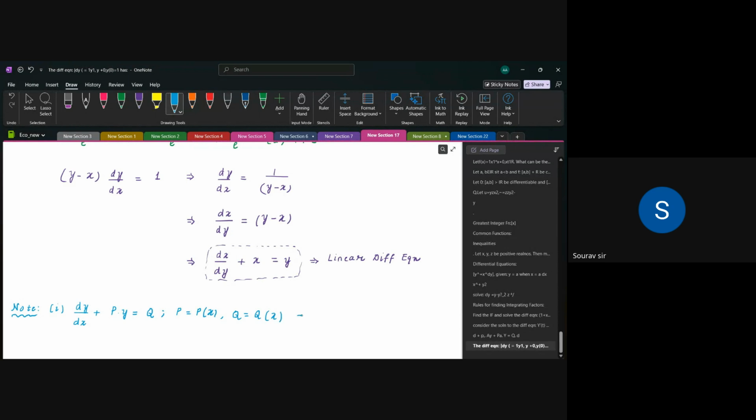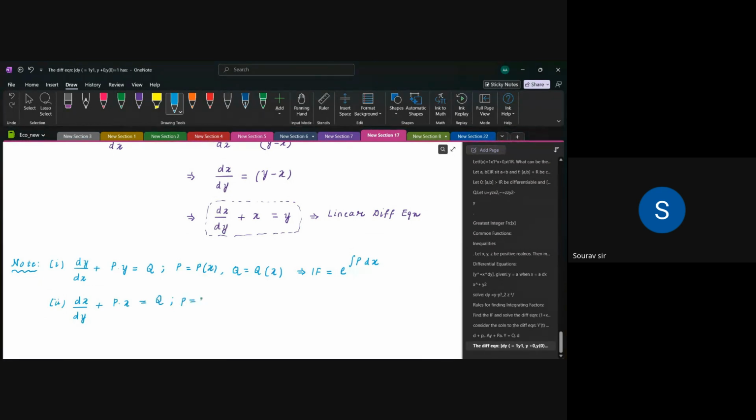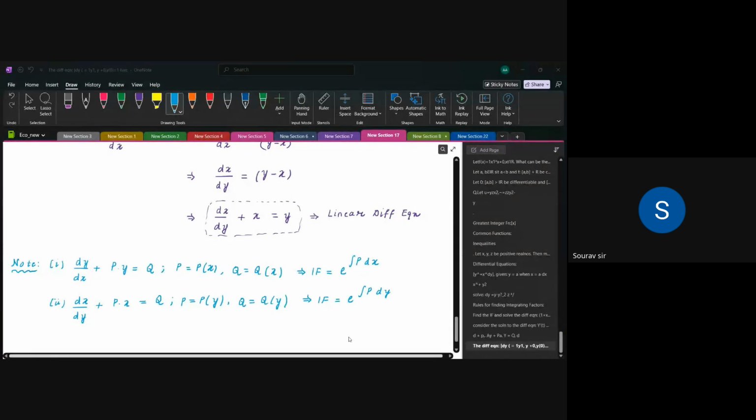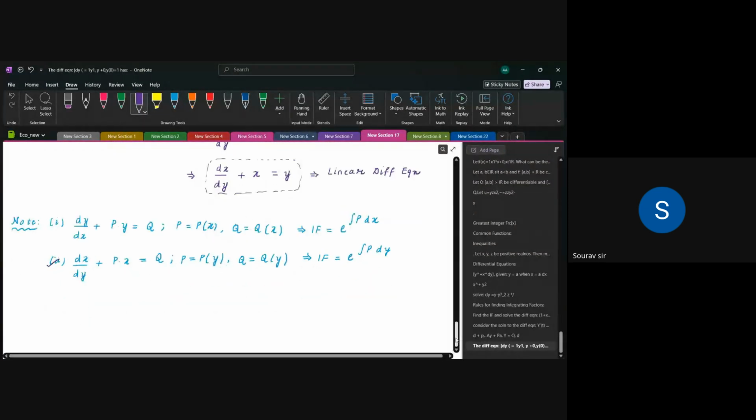In this case, you calculate your integrating factor as e raised to the power integration p dx. The other format, which we are getting here, is dx by dy plus p times x equals q, where p is some function of y and q is also some function of y. In that case, you would calculate your integrating factor as e raised to the power integration p dy. So in this case, we have the second form of the differential equation.